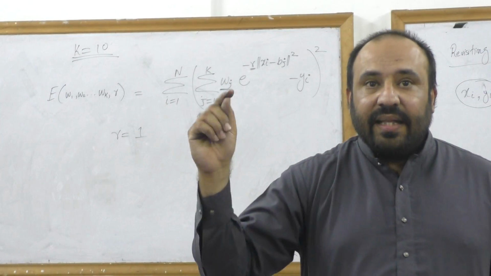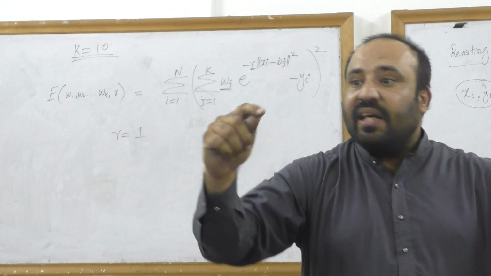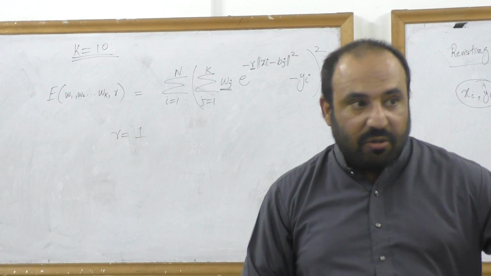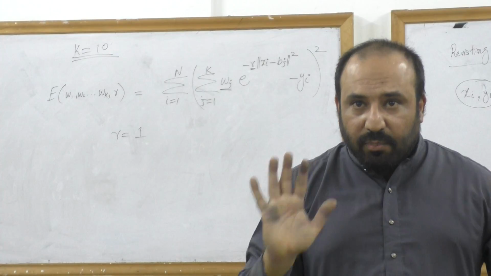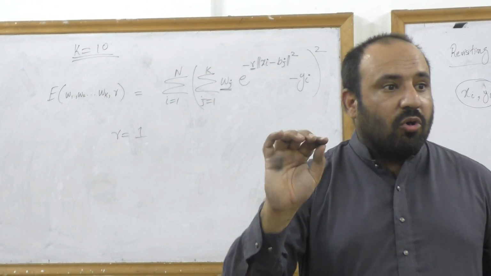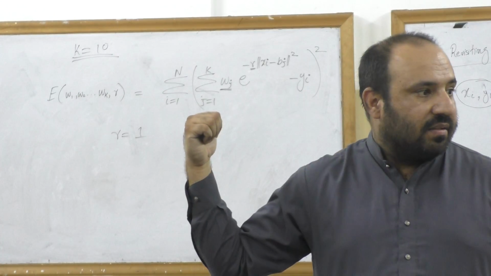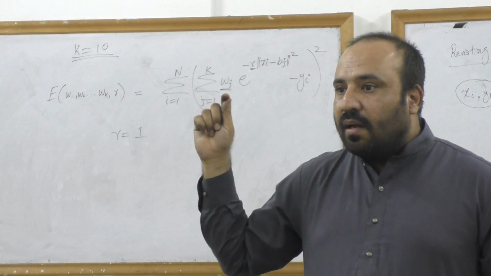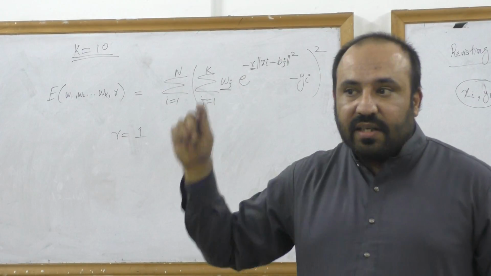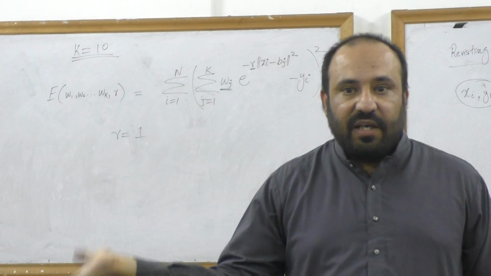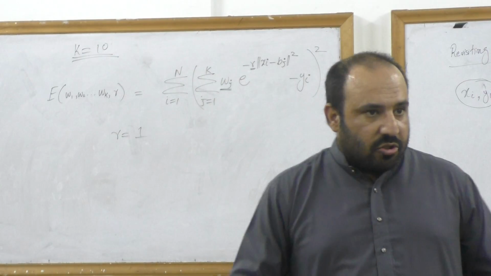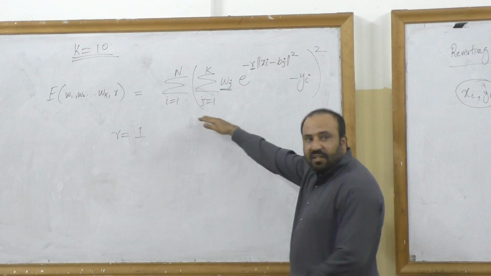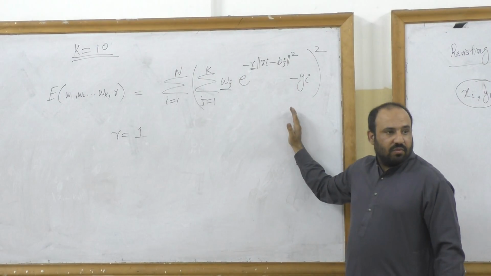Make sense? And given W, we can find out the best R given W. अगर मैं आपको W दे दूँ और आपसे कहूँ कौन सा R है जो एरर को मिनिमाइज करेगा, you can find out the best R by finding out the R where the derivative of the error is 0 with respect to R. So no problem.